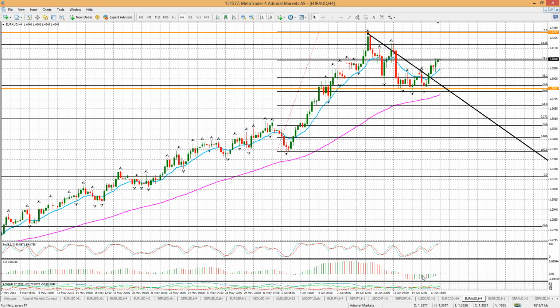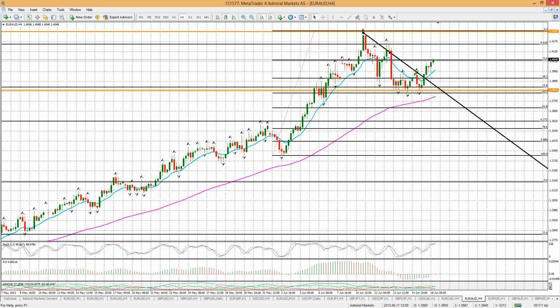The AO strategy would be to take the break of this 4-hour high and stop loss here and aim for a 1-to-1 or 2-to-1, which would basically be, for those of you who managed to catch that after the webinar last Thursday, 142.20 would be the target.